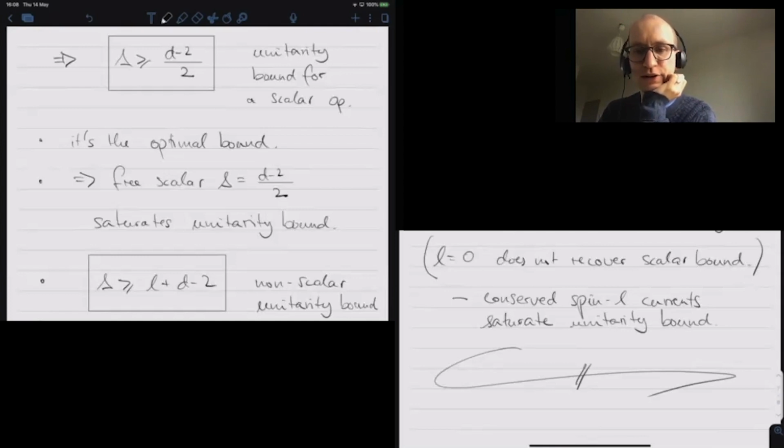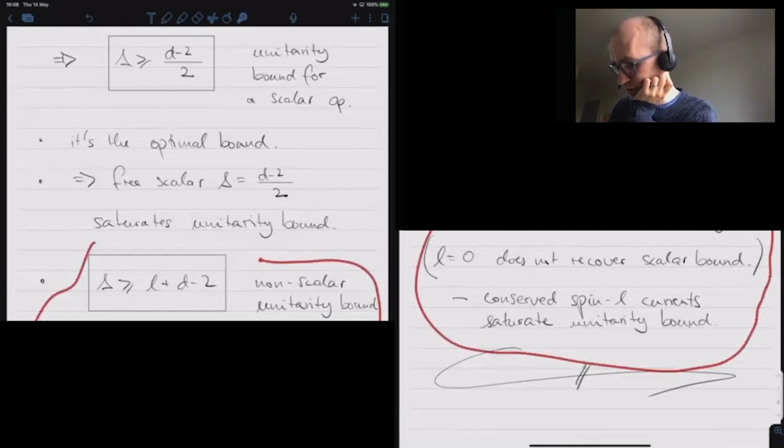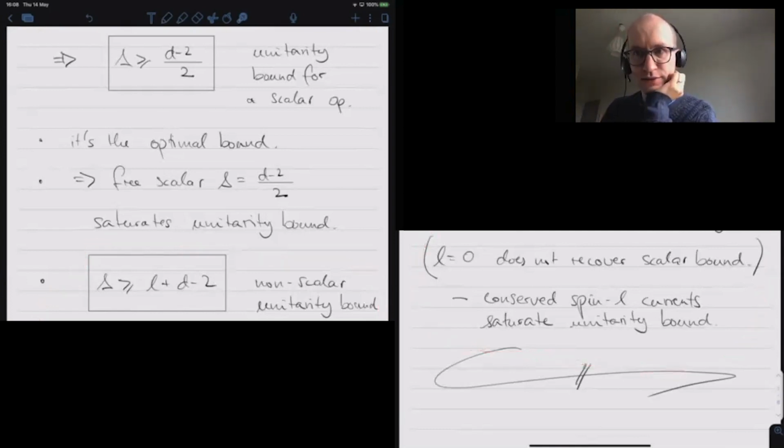I don't know off the top of my head of an argument to relate this to the saturation of the unitarity bound, but I would not be surprised if there were such an argument. And this is also true for the scalar field? Well, for the scalar theory, it's sort of trivially true. There we know it because you don't have any anomalous dimensions. But for a conserved current, it's less obvious, but I think it's also true that the things are related. Thank you very much.